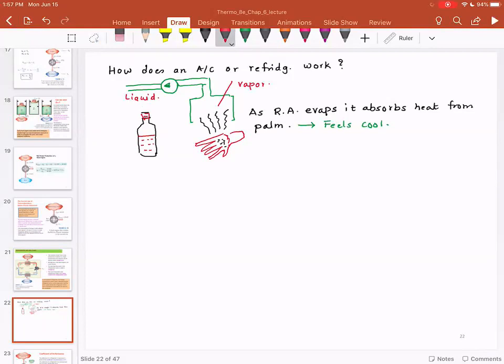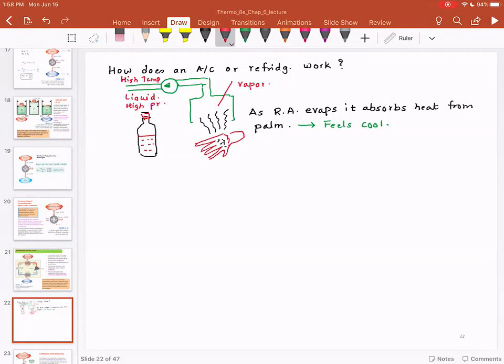But this liquid will be at high temperature and high pressure.